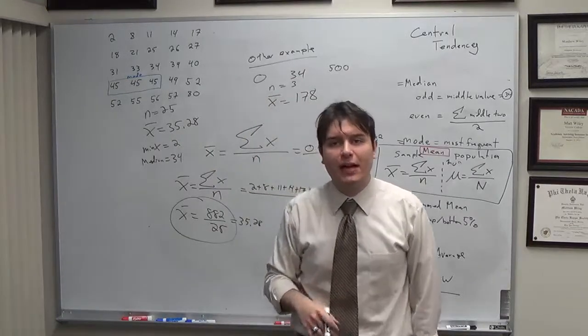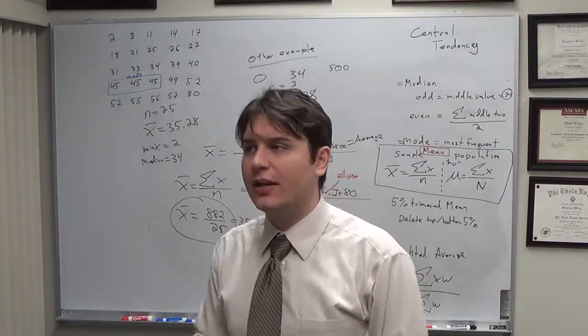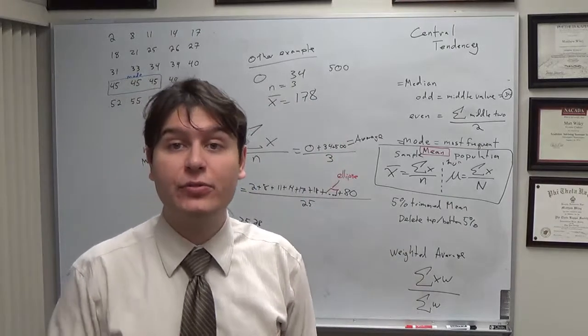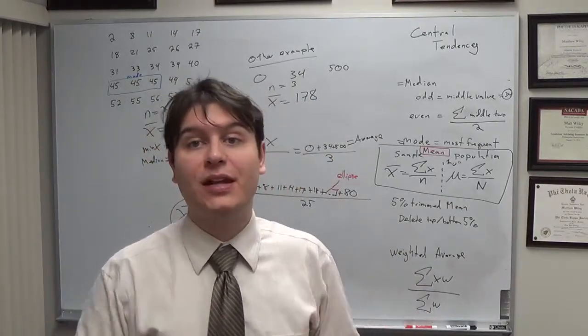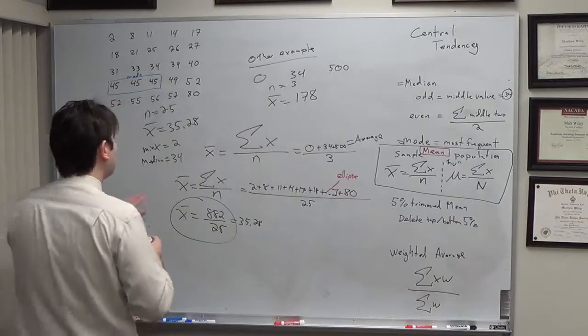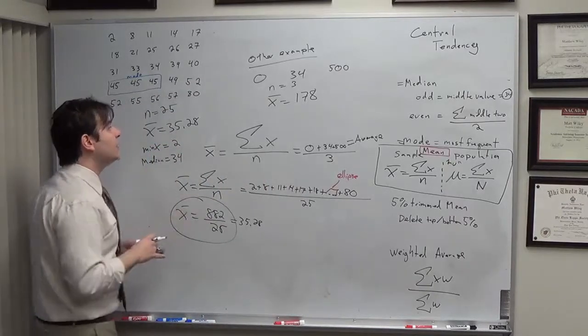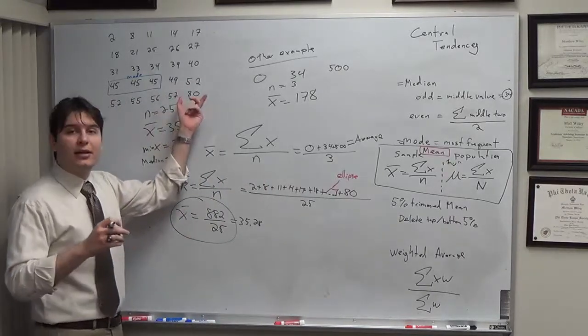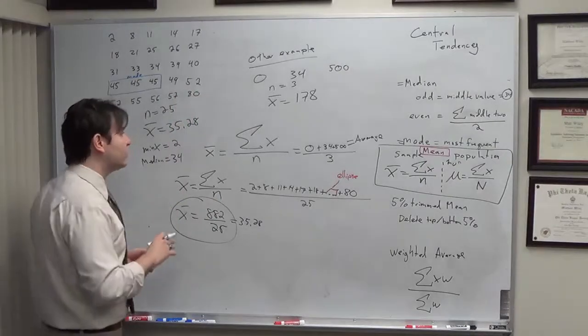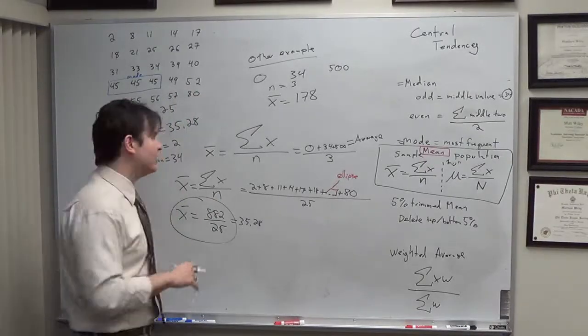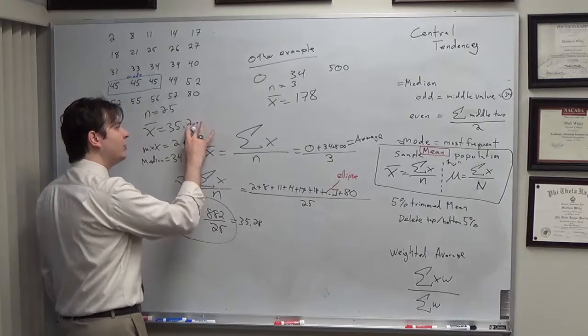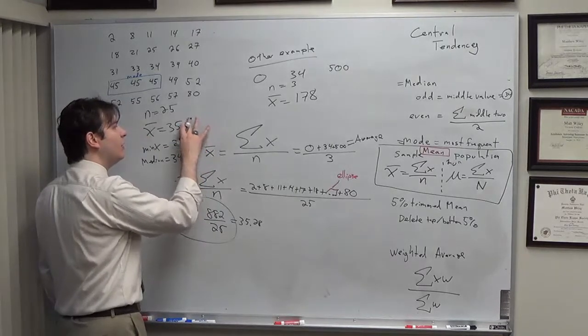Rounding convention time. Remember last time we discussed how you were going to round for class frequency, and we said always round up to the next highest integer. Here we're going to use our normal rounding techniques, and however accurate your data is, we will round to one more decimal place in general, unless asked to do otherwise. So I would actually round this to 35.3.